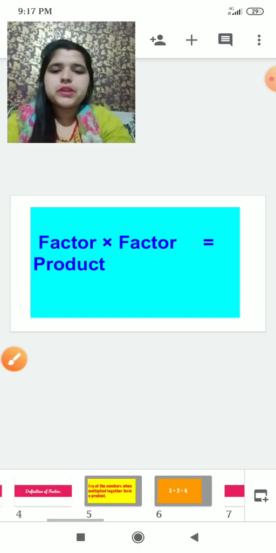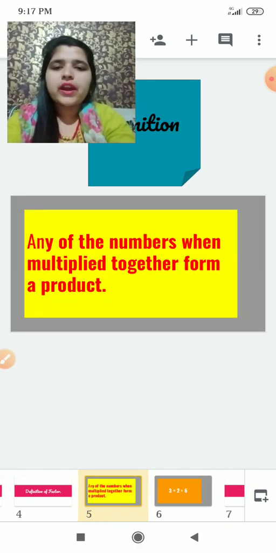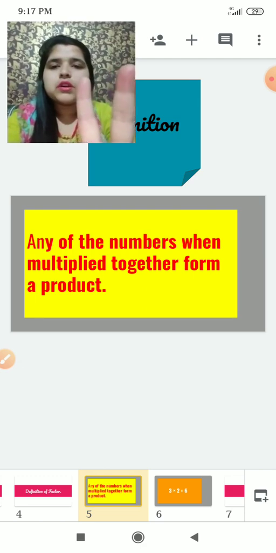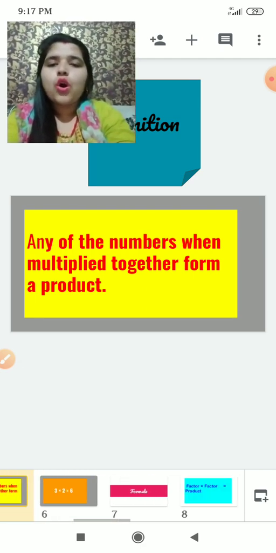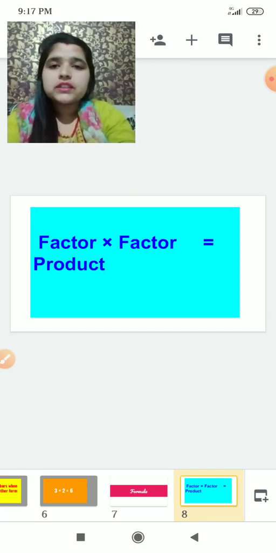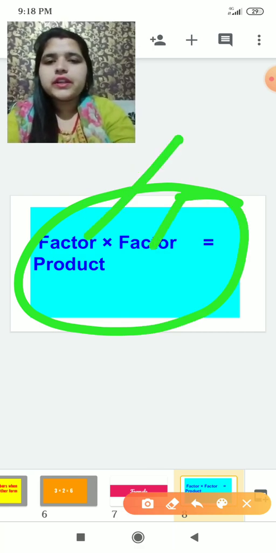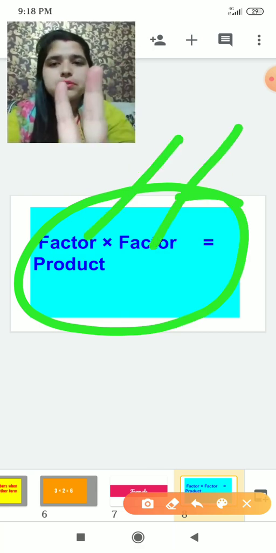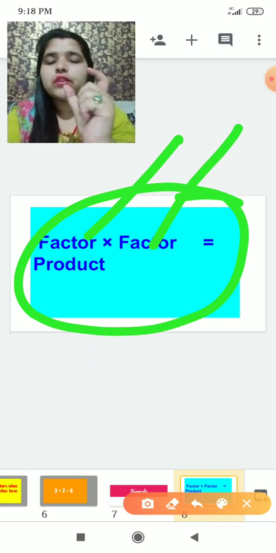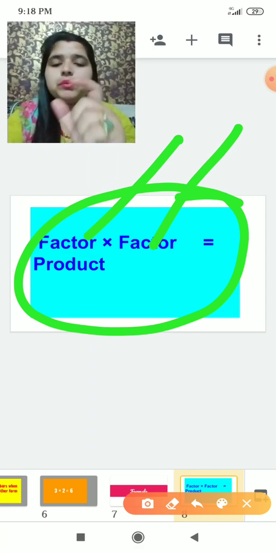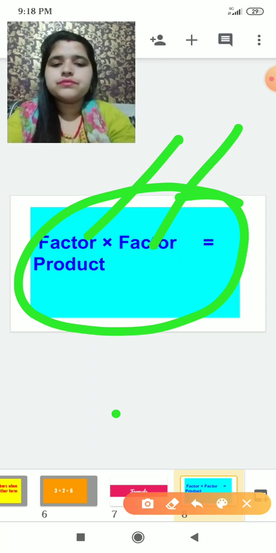So if somebody asks you the definition of factor, you can say when any two numbers multiply together, they form a product. Or you can say factor multiply factor is equal to product. You can take any two numbers, multiply them, and the final answer will be the product.